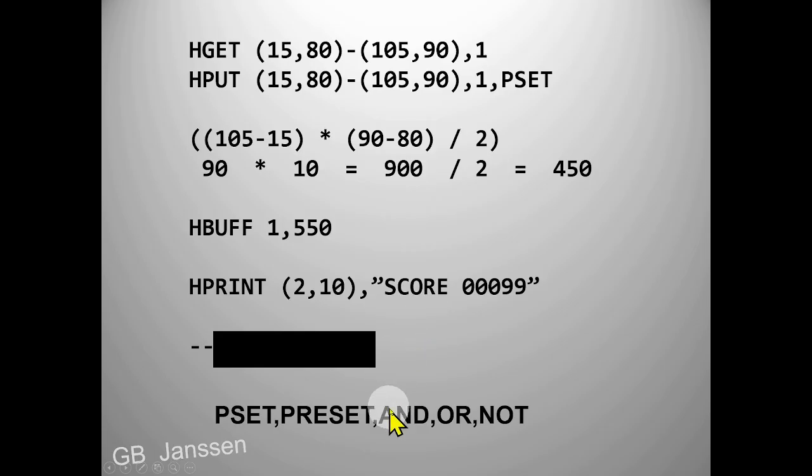Whatever is on the screen, and this here or this here. What you do is type this code in, run it, and play with it. Change the PSET to PRESET, run it, and see what it does. Change it to AND, then OR, NOT, and see what it does. That's one way to play with this get and put. If you haven't played with it, this is a quick little example you can try.